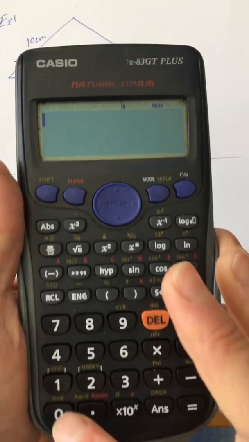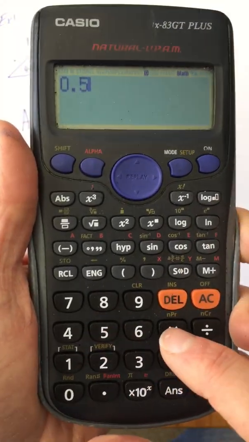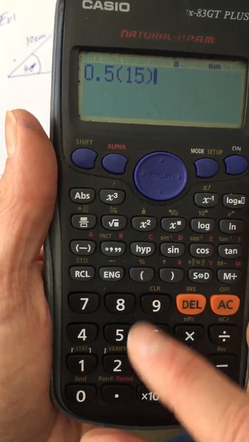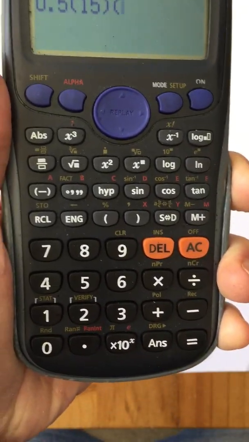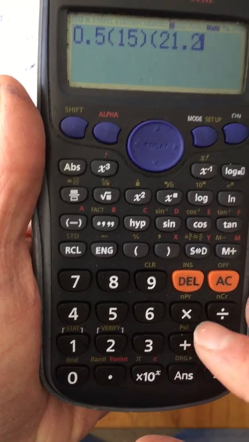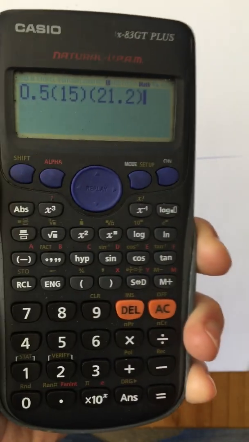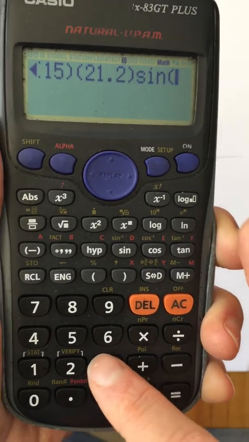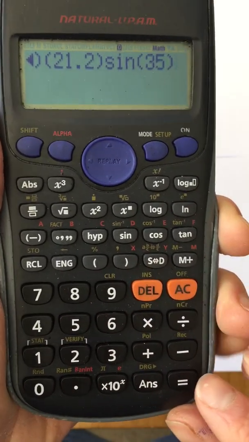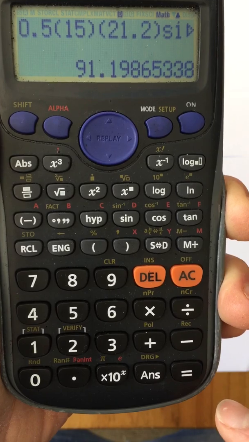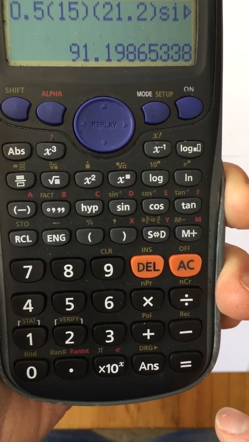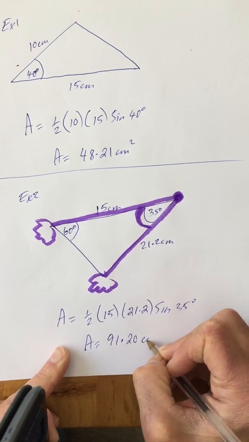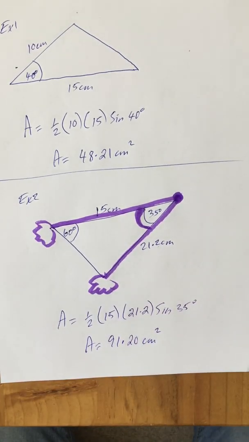So it's 0.5 bracket 15 bracket 21.2 times the sine of 35 degrees, and you press equals, and 91.19. So I'm going to round that to 91.20 centimeters squared.